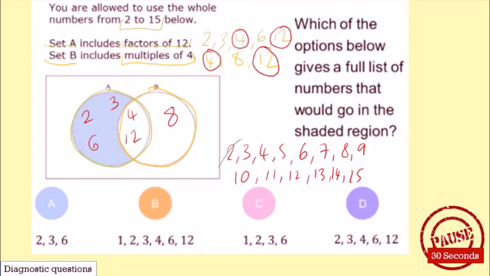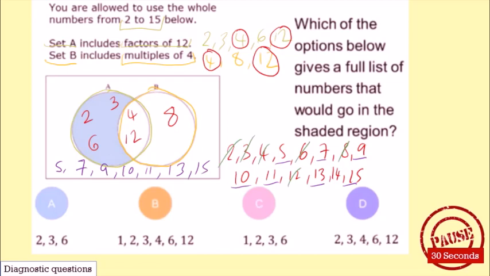So 2's been used, 3, 4, 6 and 12. 8's been used as well. Okay, so the numbers that were not used were 5, 7, 9, 10, 11, 13 and 15. So they must go on the outside. Okay, so anywhere on the outside, doesn't matter where. 5, 7, 9, 10, 11, 13 and 15.